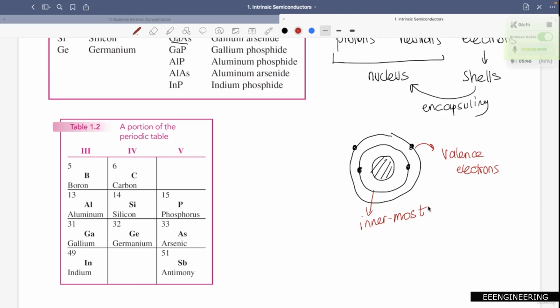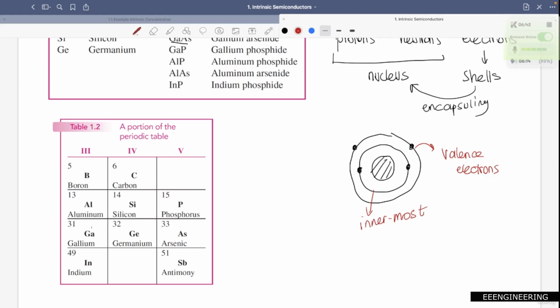Now, let's specifically take a look at the silicon atom, which is really important, as I told you at the beginning of the lecture. Not all the elements on this portion of the periodic table are elemental semiconductors. Some of them are not semiconductors directly, but compounds with some other elements may yield a semiconductor. Like what? Like gallium arsenide.